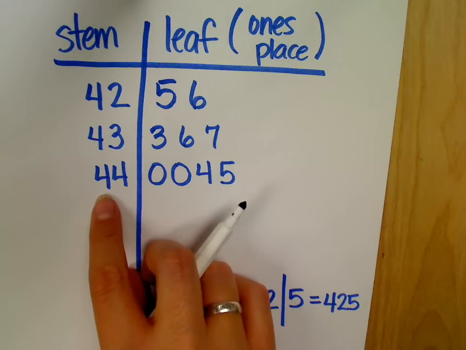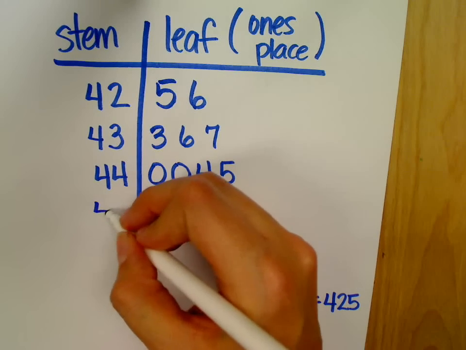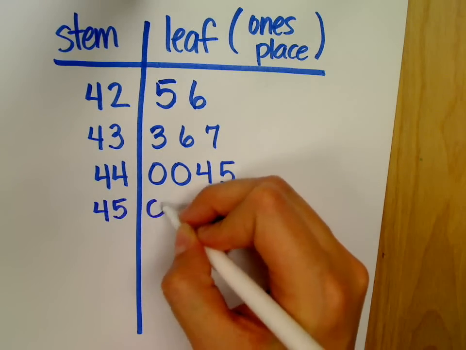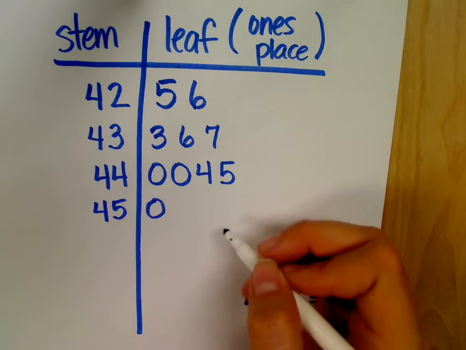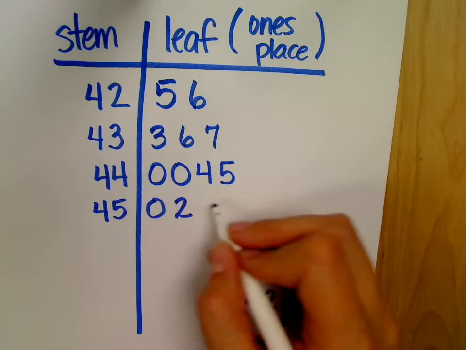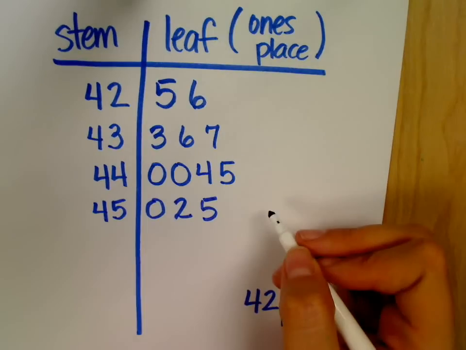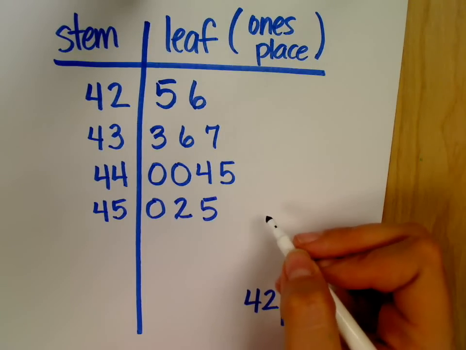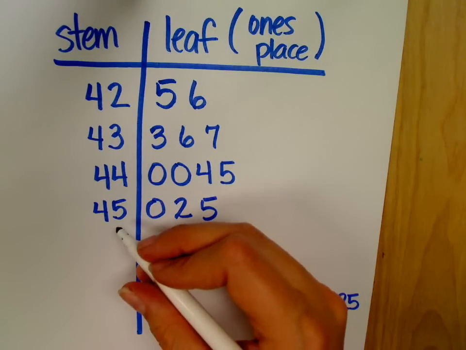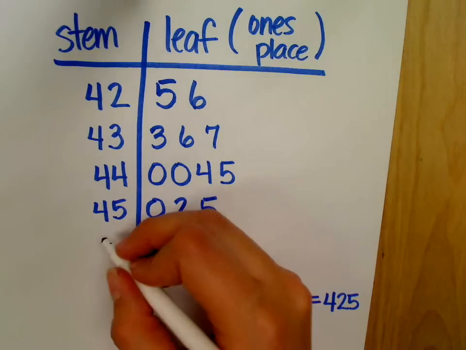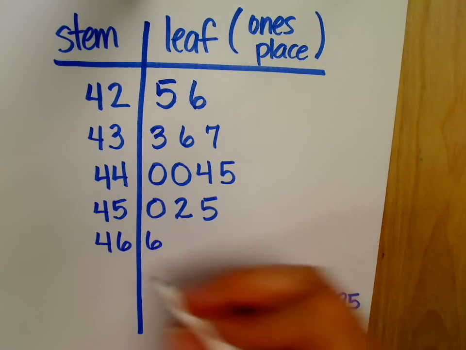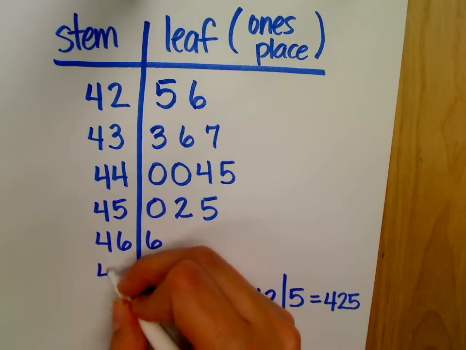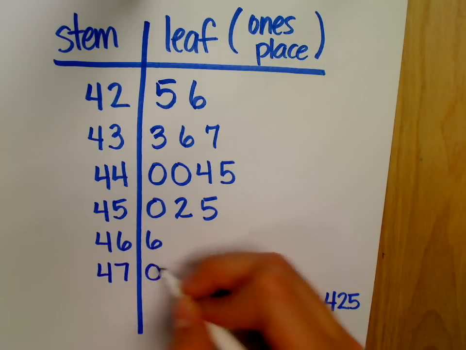Okay, how about 450s? So this 45, and you said there's a 450? Yes. Okay, anything else for 450? 452, 455, very nice. Anything else in the 450 something? No more. Okay, how about 460? Yes. 466, anything else? How about 470? 470, and what? 475.